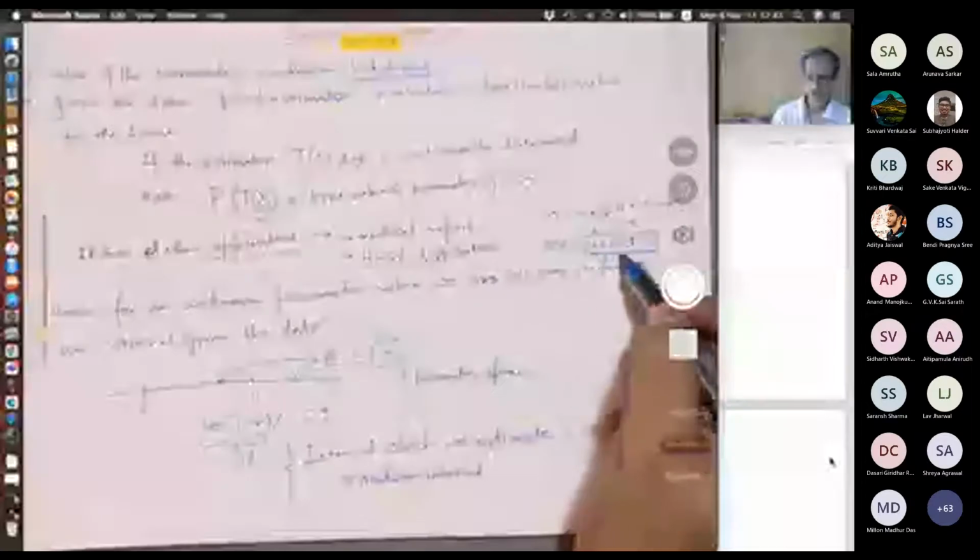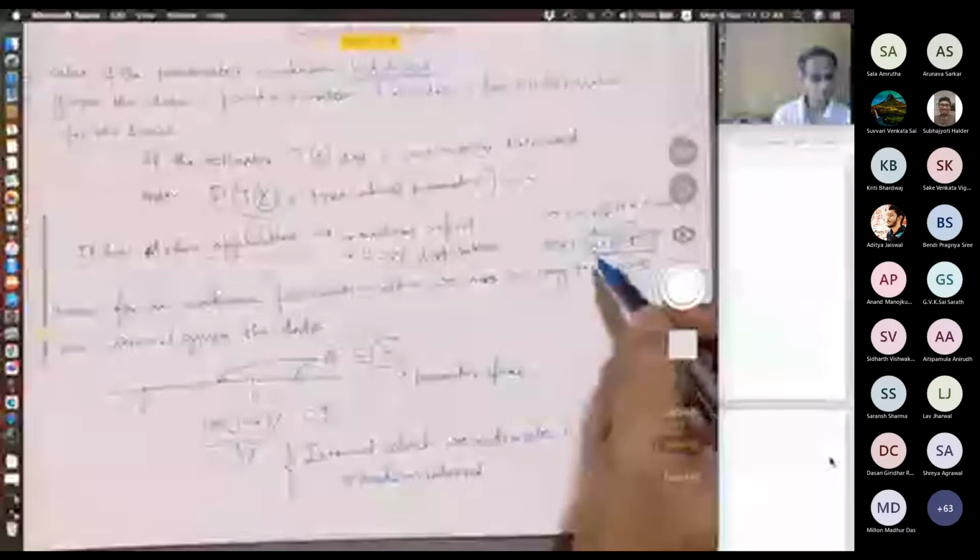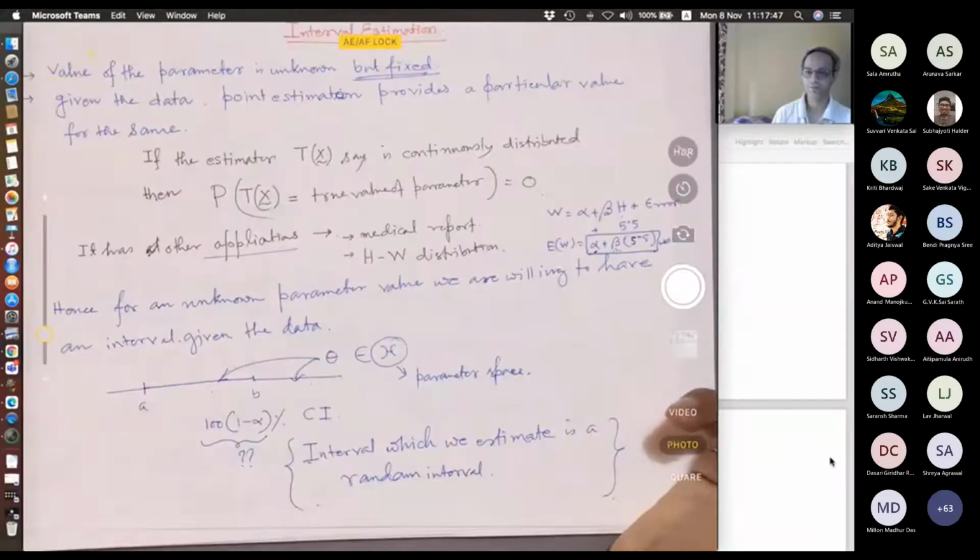They might have dependency when we estimate, and as a consequence we can have a confidence interval of this number. What should be your expected weight? We can have a distribution of your weight, and from there we can have the mean part of it, and for that parameter value we can have an interval. Is it clear now? So the parameter here is weight, right?